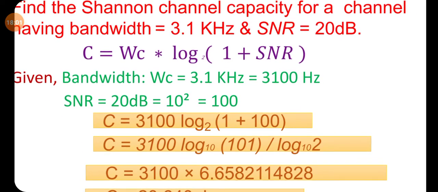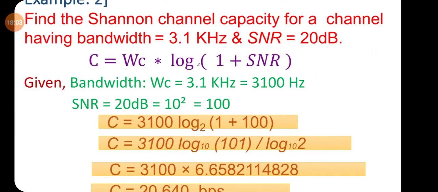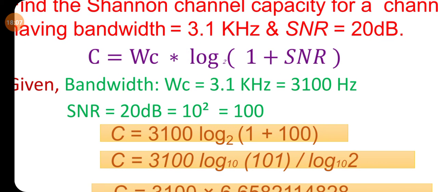So now let us have a glance at what is given in the problem. The first point given is bandwidth. So bandwidth, which is WC, equal to 3.1 kilohertz, and that is equal to 3100 Hz. Why is 3.1 kilohertz equal to 3100 Hz?